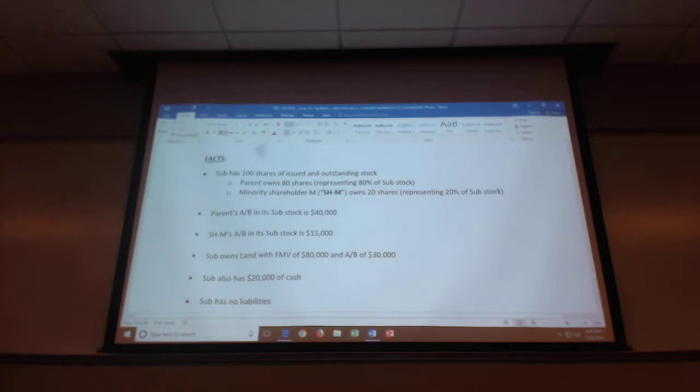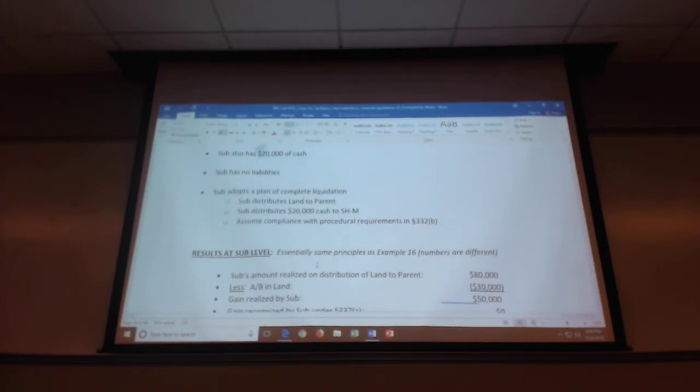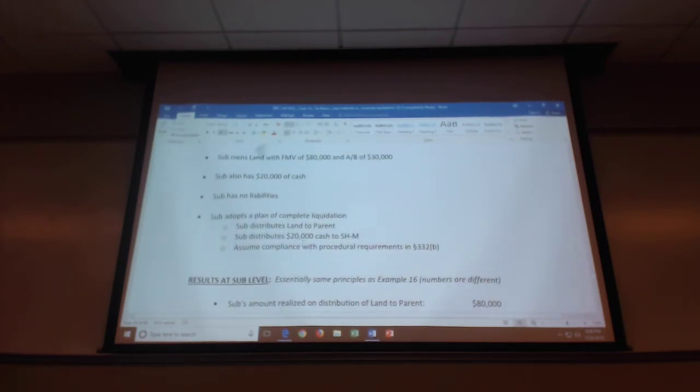So in other words, $100,000 of total assets in the subsidiary, which is going to be distributed 20/80. And in this example, we're assuming that the land worth $80,000 is distributed to the parent corporation, and the $20,000 of cash to the minority shareholder. And we're also assuming that we complied with the procedural requirements of 332.